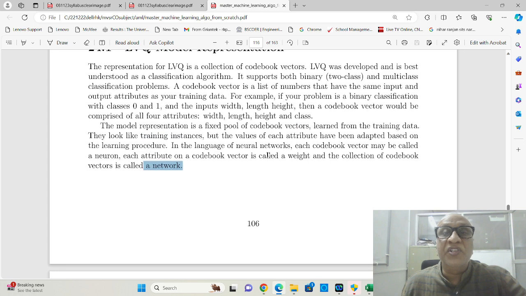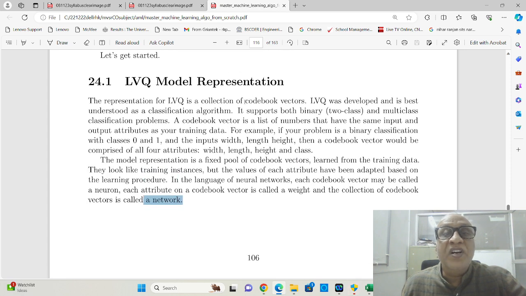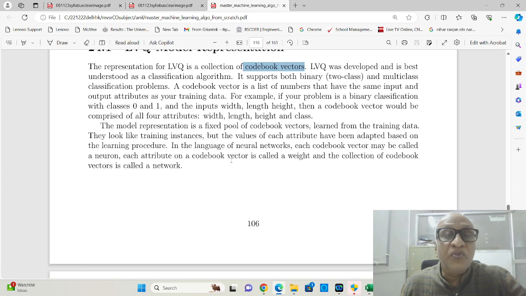So we are introducing many terms here. One term we have introduced is codebook vector. The other term is neuron, and the others are weight and network. What is a weight? An attribute on a codebook vector. And what is a network? A collection of codebook vectors.